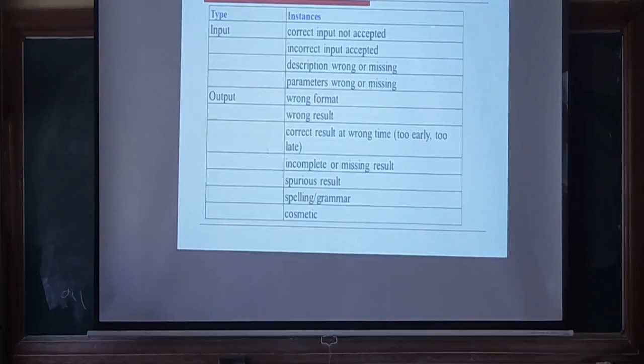Or parameter wrong or missing, if some parameters we fail to give, that is also another kind of fault. So these are the different instances which indicate the input type fault. Similarly, output type fault: wrong format, wrong result, correct result at wrong time, incomplete or missing result, spurious result, spelling, grammar, cosmetics, etc. are the output types.